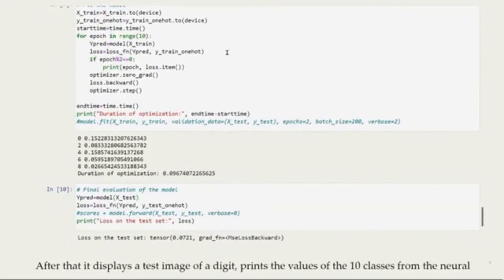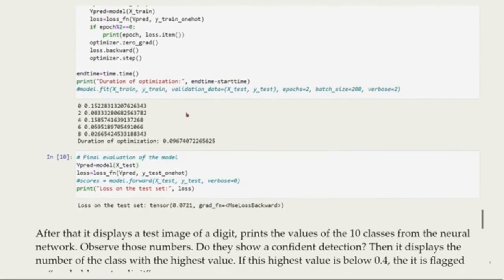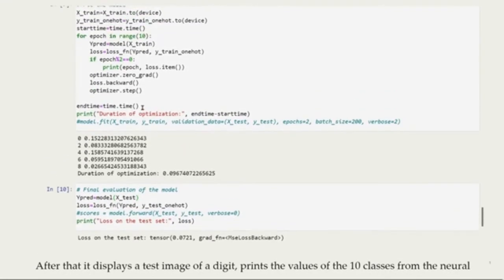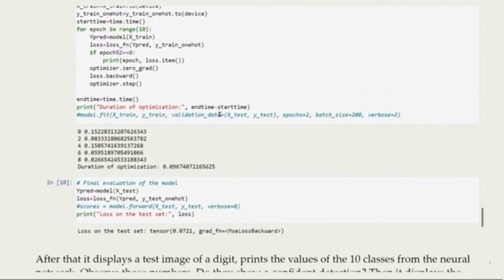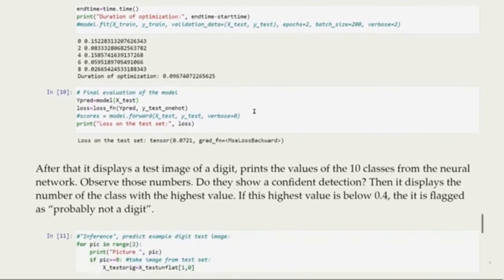It's the same procedure, and we have the losses after every second epoch, and now we also get the final evaluation of the model, and we get the loss on the test set. It's higher than the loss on the training set, as we expected and as we've seen before.